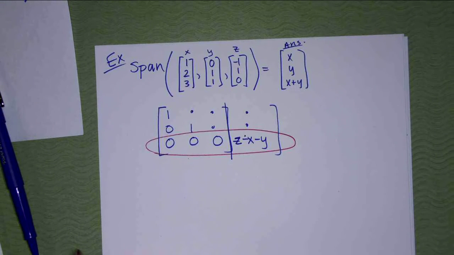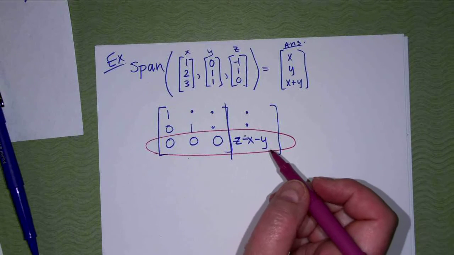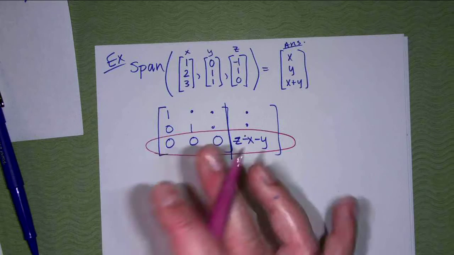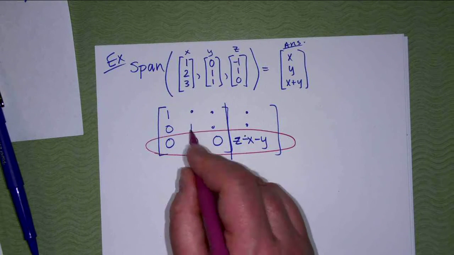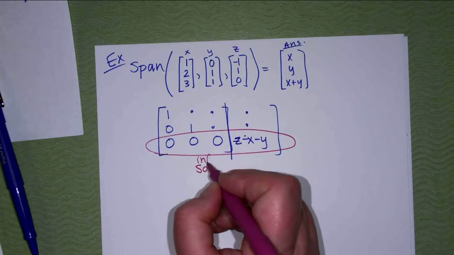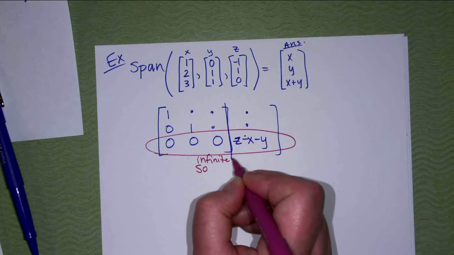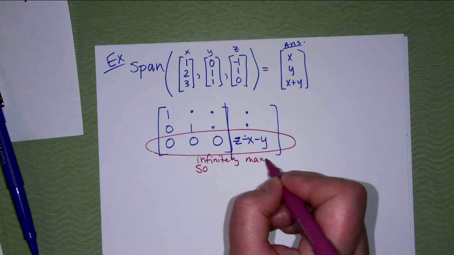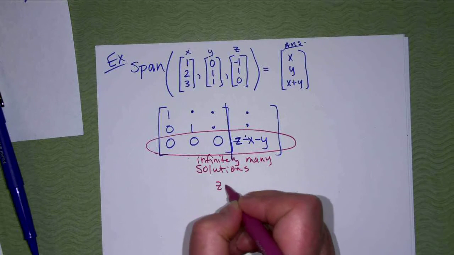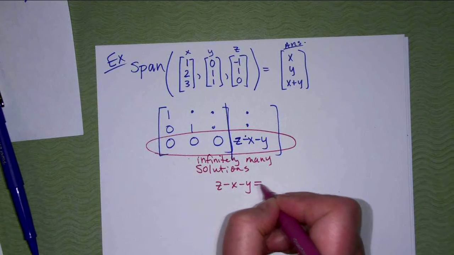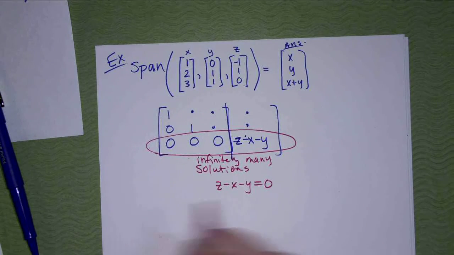And for this to have a solution, just like we were doing before, it would have infinitely many solutions because it doesn't have a lead one. Z minus X minus Y would have to equal 0. That would have to be a row of zeros.